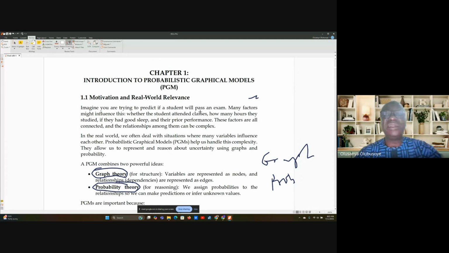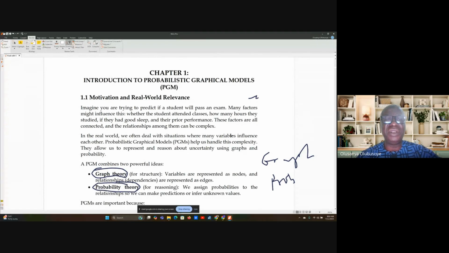In the last lecture, we introduced ourselves to probabilistic graphical models, popularly called PGM.